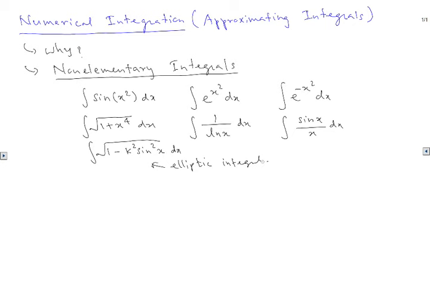Unfortunately, we cannot get the answer using elementary functions. Elementary functions means basic radicals, sine, cosine, exponential functions, things like that. So you cannot get the answers to any of these integrals using them.